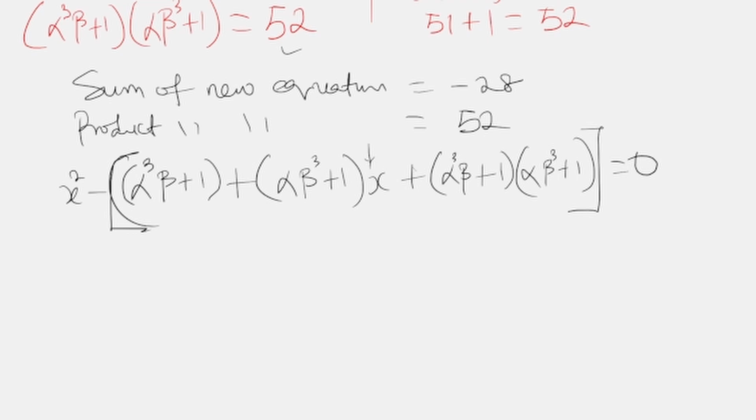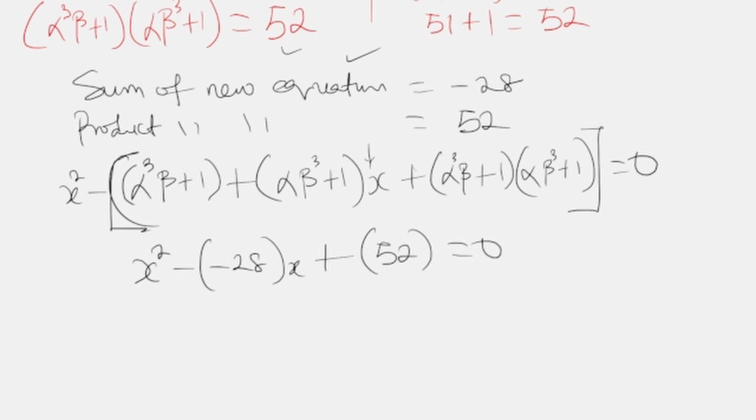Now let's continue. Here we say x squared minus, what is the sum? The sum is negative 28. So we write negative 28 multiplied by x plus. For the product, what did we get? 52. 52 is equal to 0.